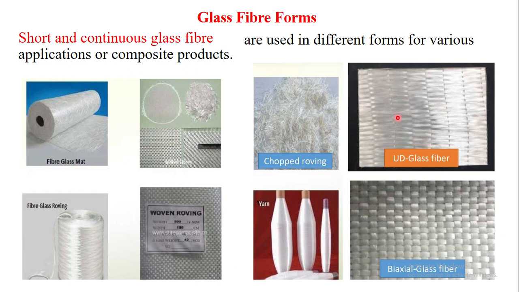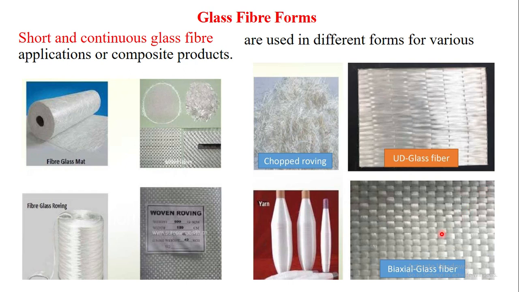Unidirectional glass fiber means the orientation of the fibers is only in one direction. This one is biaxial glass fiber, where the orientations of the fibers are criss-cross at 90 degrees.